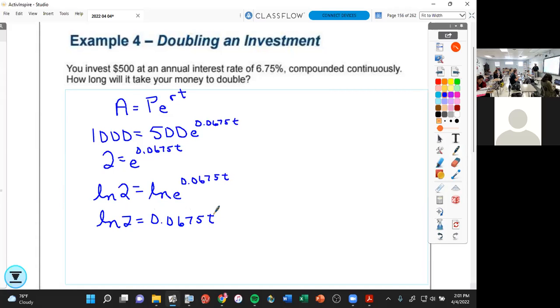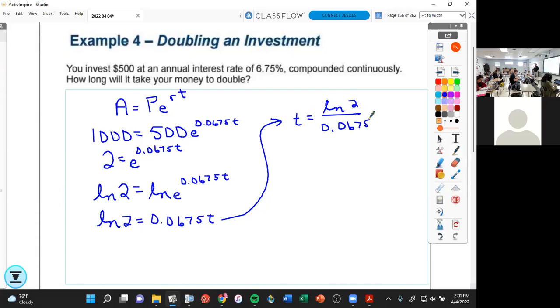Natural log of 2 is just a number. I can find that value by typing it into my calculator, but I don't care about that right now. To get t by itself, divide both sides. So I have t equals natural log of 2 divided by 0.0675.